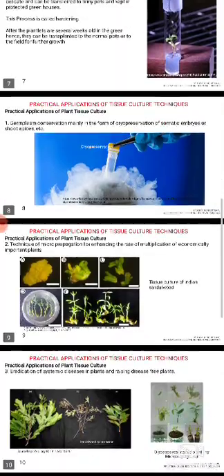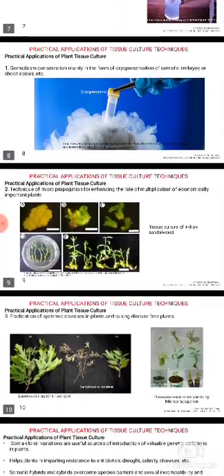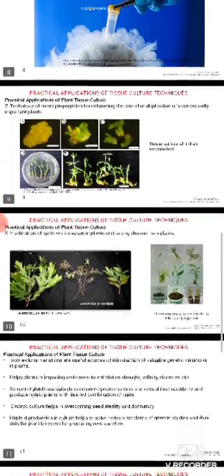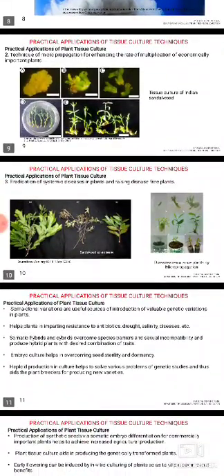Second application is the technique of micropropagation for enhancing the rate of multiplication of economically important plants. Third is eradication of systemic disease in plants and raising disease-free plants.